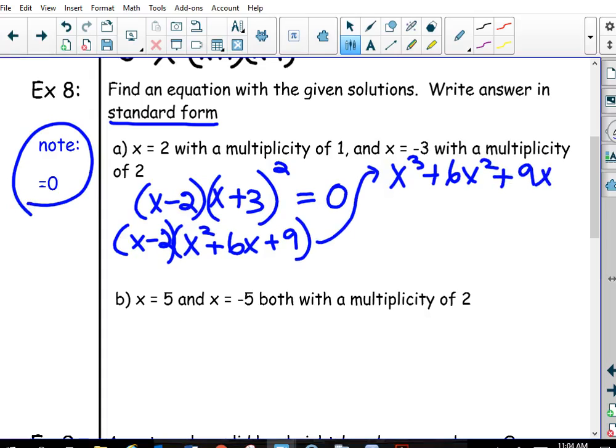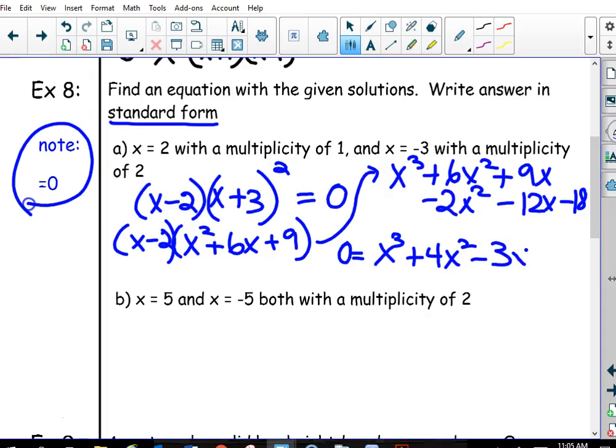And now I'm multiplying by negative 2. Negative 2x squared, negative 12x, and negative 2 times positive 9 is negative 18. So I get, throw in my 0 so I don't forget it, x to the third plus 4x squared minus 3x minus 18.